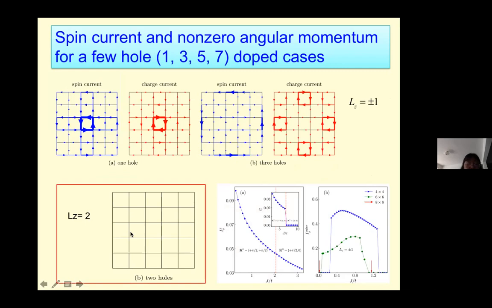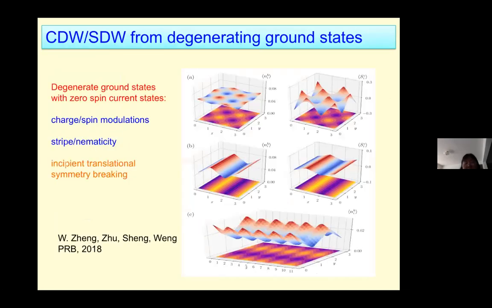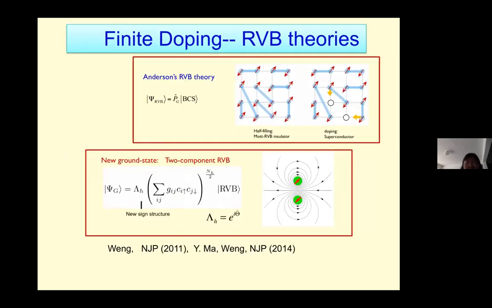If we consider 2 doped holes or an even number of doped holes, the angular momentum of the ground state is always 0. If you plot those degenerate states, you get a different charge density or spin density pattern due to the ground state degeneracy.